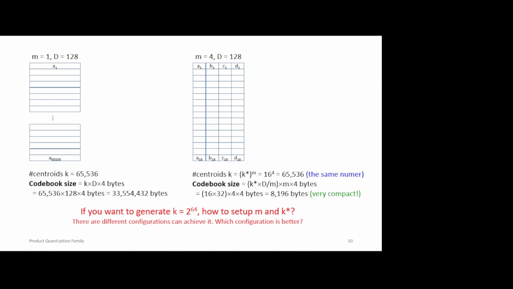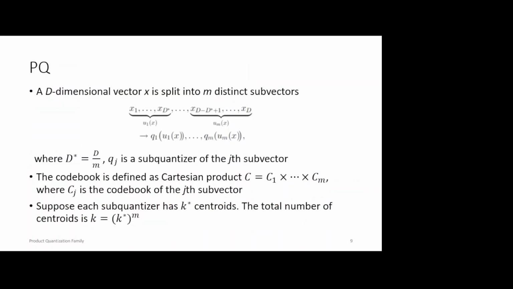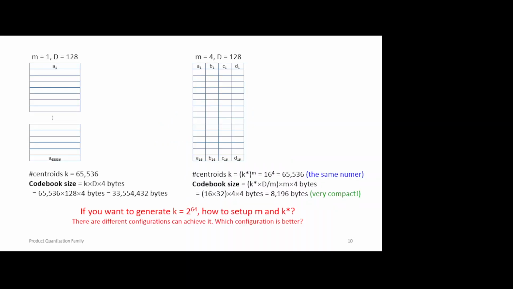So the total size you have to keep for the codebook is about 33 megabytes, and this codebook contains more than 65,000 centroids.